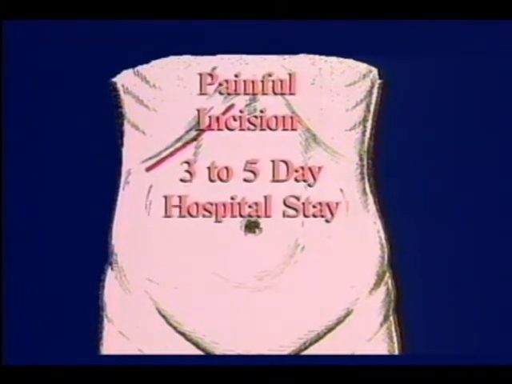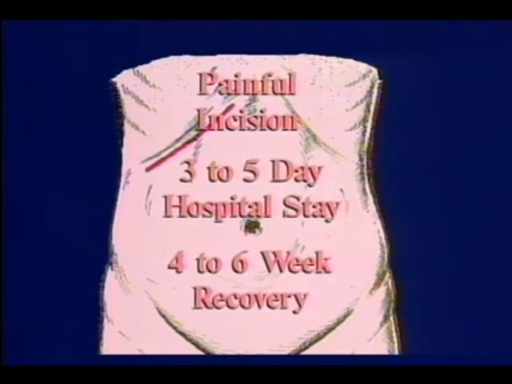During this type of surgery, the layers of skin and muscle tissue are divided and the gallbladder is visualized directly and removed. This incision is often quite painful, requiring hospitalization for 3 to 5 days, and it usually takes 4 to 6 weeks of limited activity to completely recover. Obviously, most people find that such a lengthy recovery is a major drawback to having this type of operation.